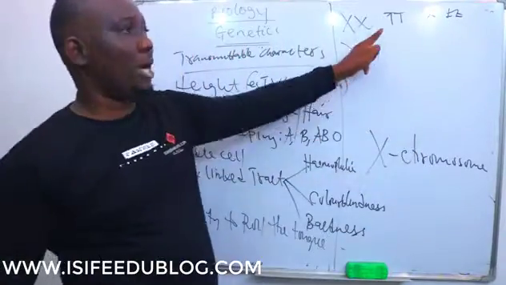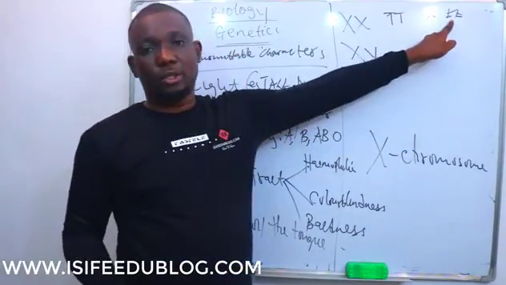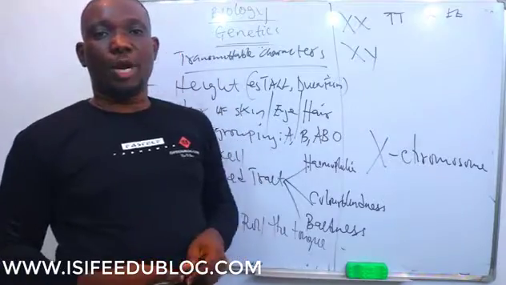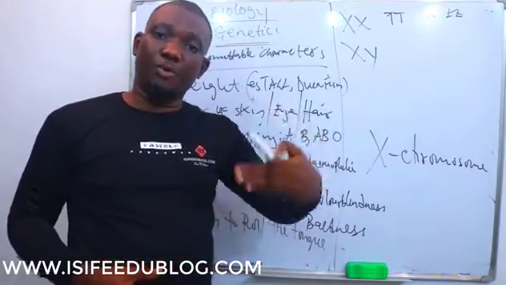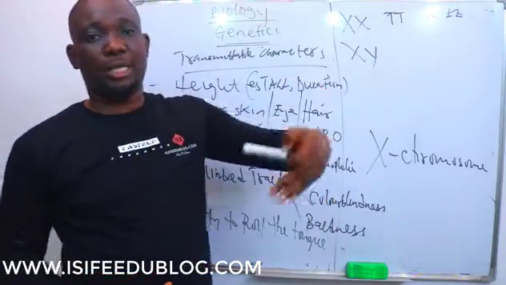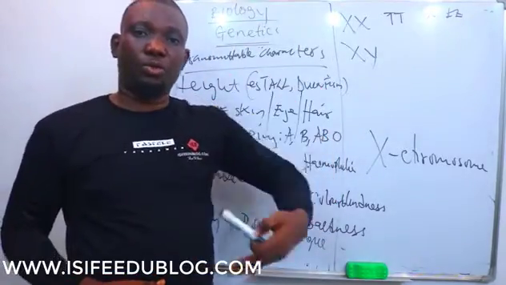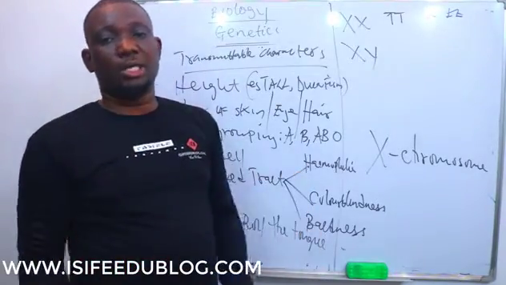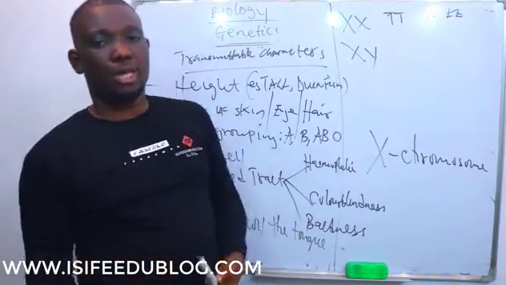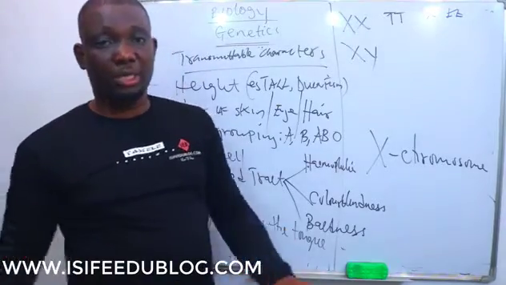Remember the terms we use in genetics. We have uppercase or capital letters. Capital letters we use to describe genes that are dominant, or we use lowercase or small letters for recessive characters.